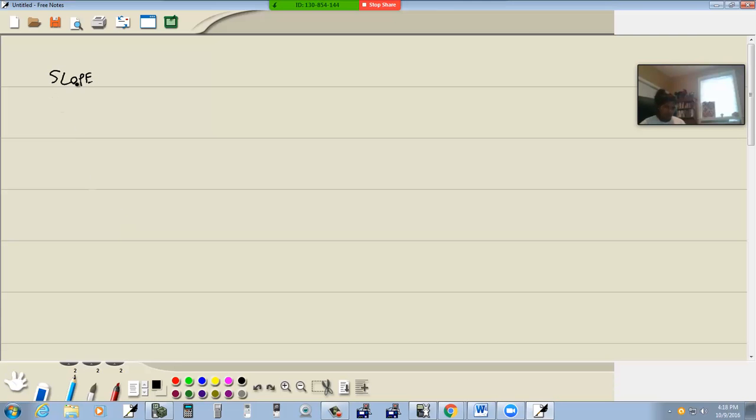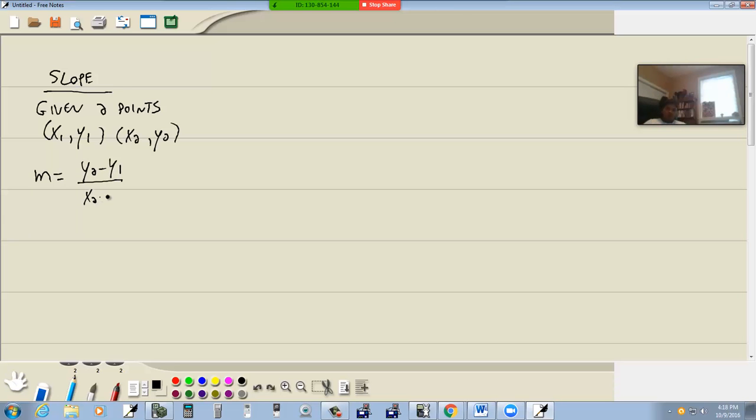And the first concept we'll look at is slope, which says given 2 points, x1, y1, and x2, y2, then your slope is going to equal y2 minus y1 over x2 minus x1.